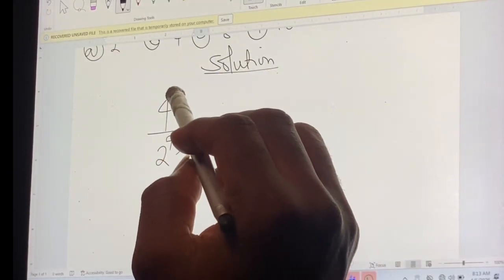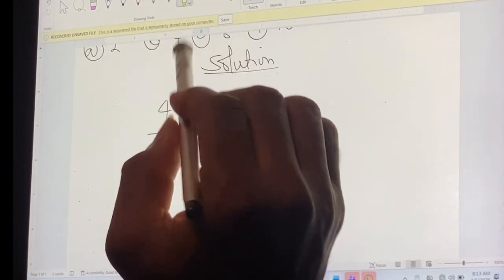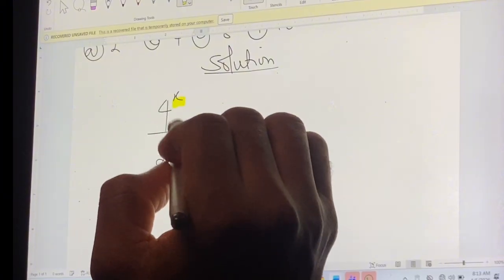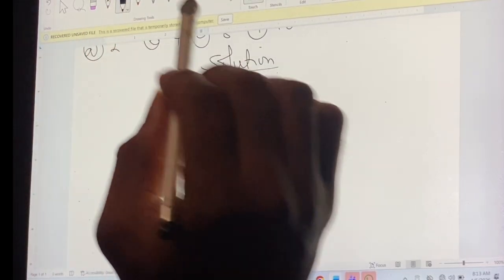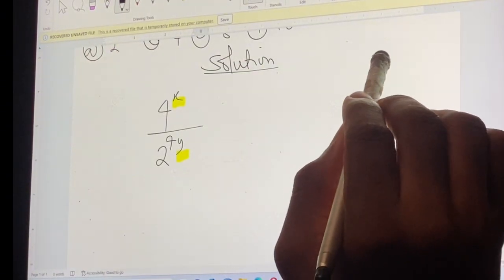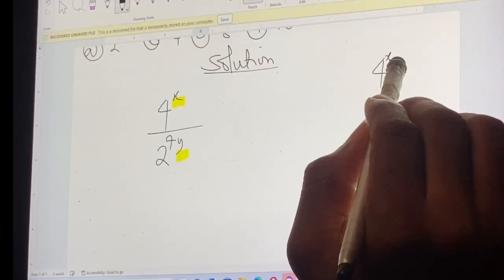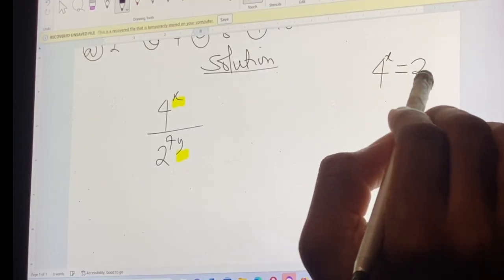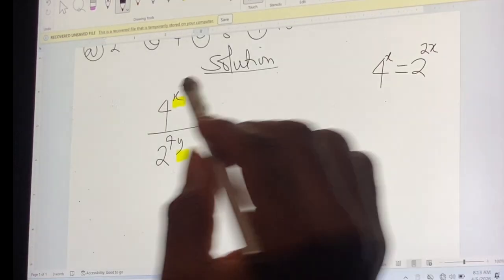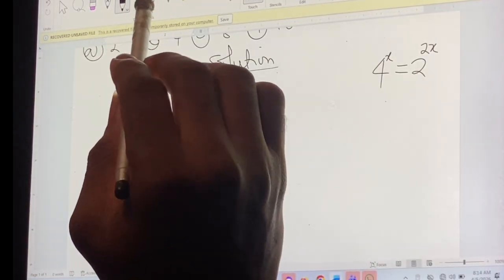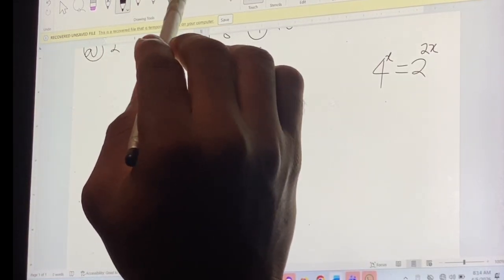Since we are dealing with powers, whenever we are solving with powers, at that point we apply the law of indices. From the law of indices, we all know that 4 raised to the power of s is the same as 2 raised to the power of 2s. Please remember. So expressing this 4 in the base of 2.